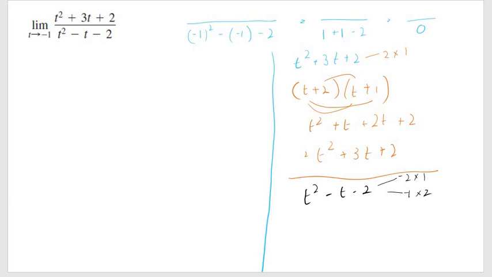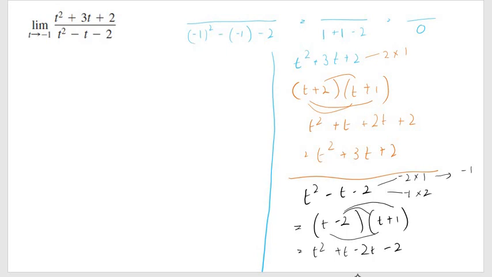Out of these, when you add minus 2 and 1, you get minus 1, which is the middle factor here. So the factors are t minus 2 and t plus 1. Let's check by multiplying it. We have t squared and plus t. Then here we have minus 2t and minus 2. So we do get the function back, t squared minus t minus 2.